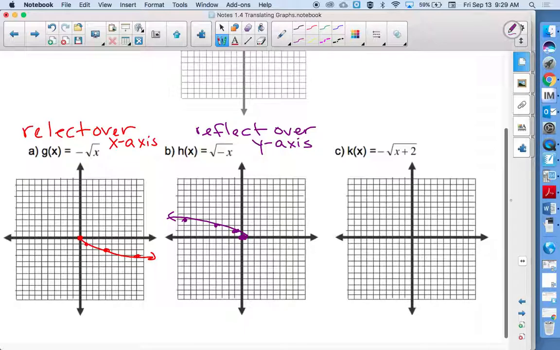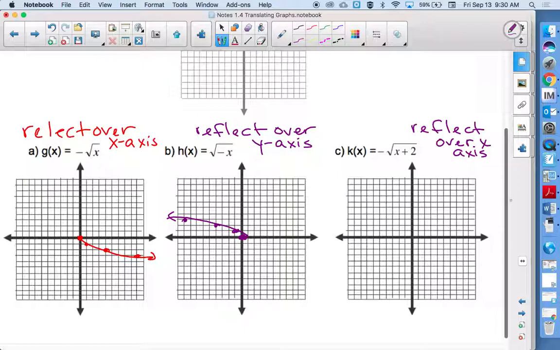So what happens with the last one, letter C? It'd be a reflection across the x-axis and once you... Right. You are halfway there. So it does reflect over the x-axis. But what direction does it move?